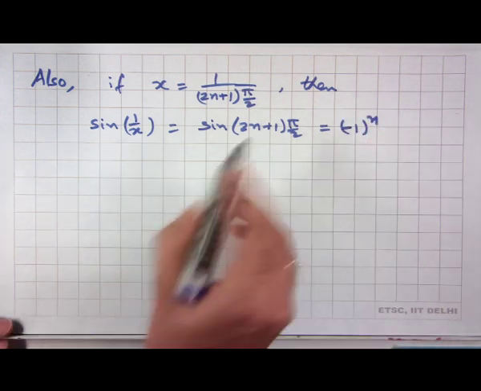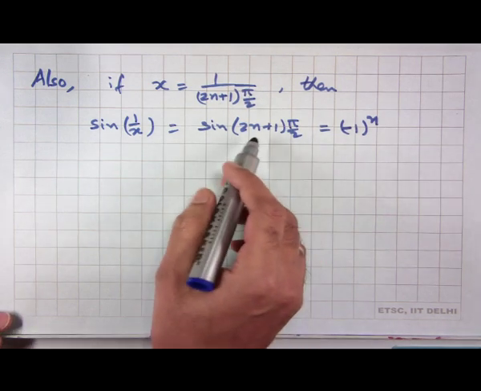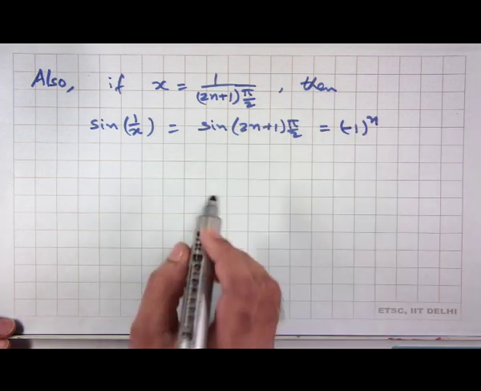So, if n is even, we get 1, if n is odd, then we get minus 1.